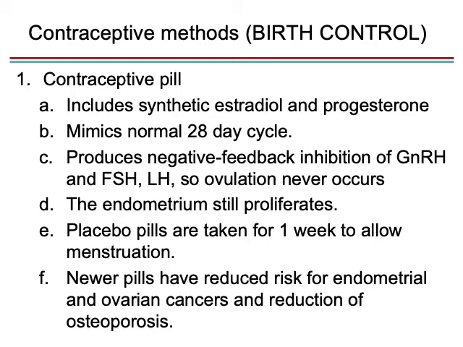Ovulation never occurs. So, if there is no secondary oocyte within the fallopian tubes to be fertilized by sperm, pregnancy will not take place. Okay.